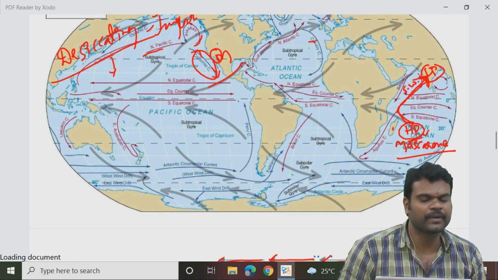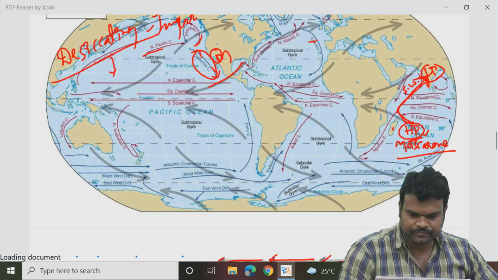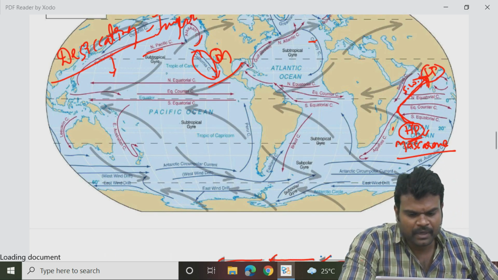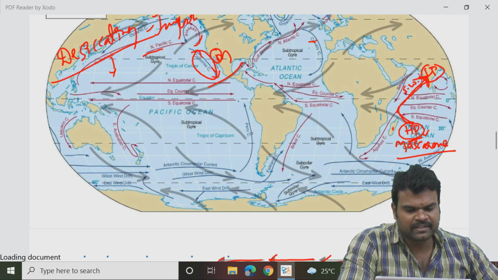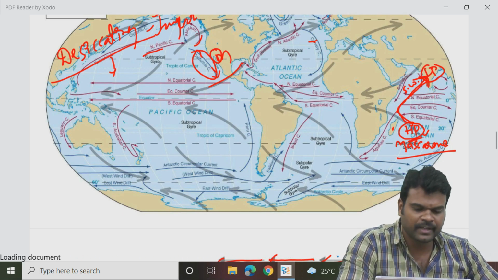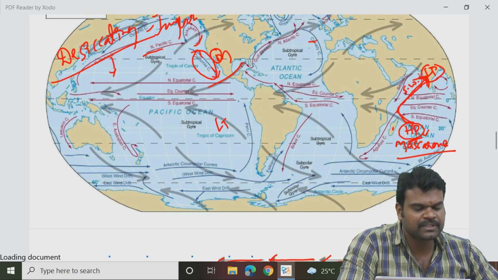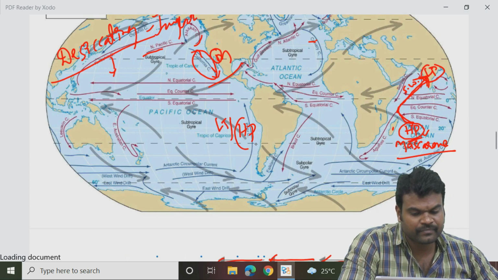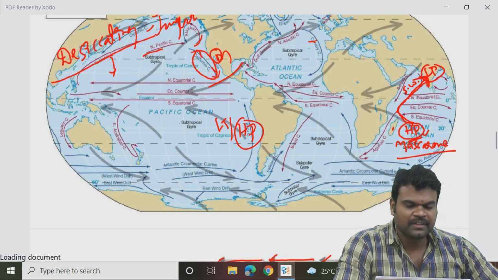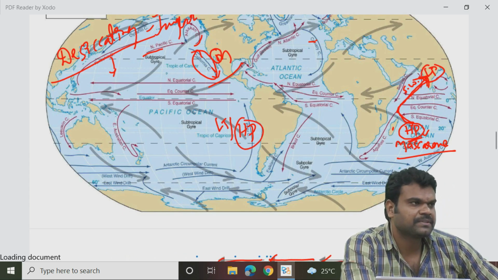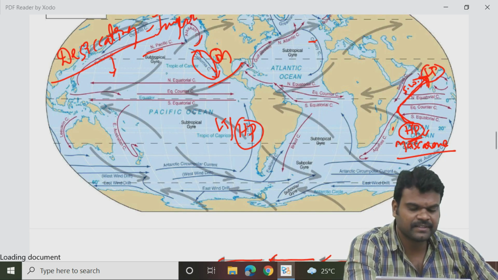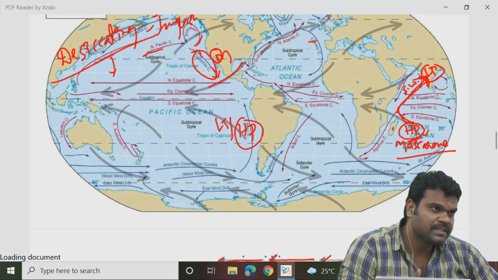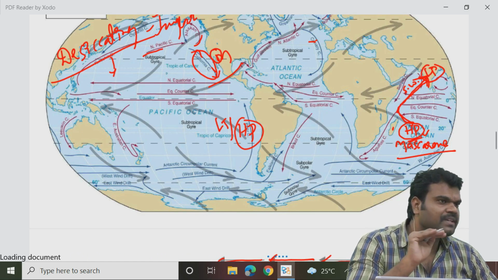Got the point? Now, the point is, on the west coast of South America, the regular current is a cold current. Cold current in the sense, what about the temperature? Low temperature. And what about the pressure? High pressure. But sometimes, especially every 3 to 7 years, I told you that one of the reasons for the presence of cold current here is the offshore movement of trade winds.